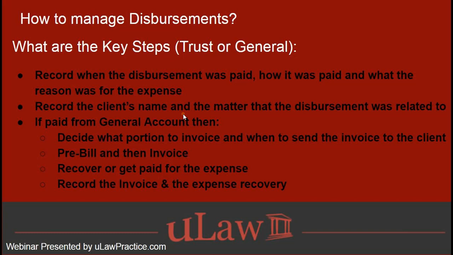In certain types of retainer agreements with clients, you may say, I'm going to wait till the end of the month, and I'm going to summarize all of those transactions that occurred across that month, or it could be biweekly. And then on that time-based period, I'm going to generate, let's say, 2 invoices in a month. So it really comes down to the agreed aspect of that retainer agreement as to when you include this general disbursement as part of an invoice.